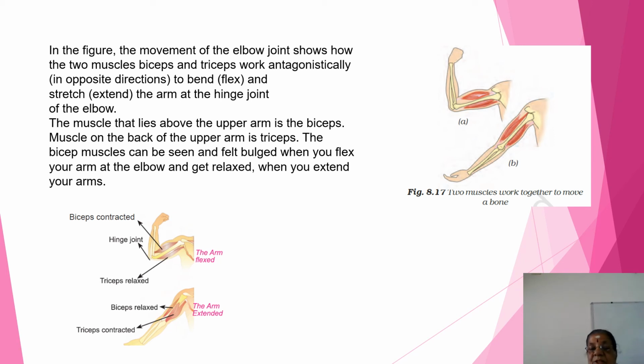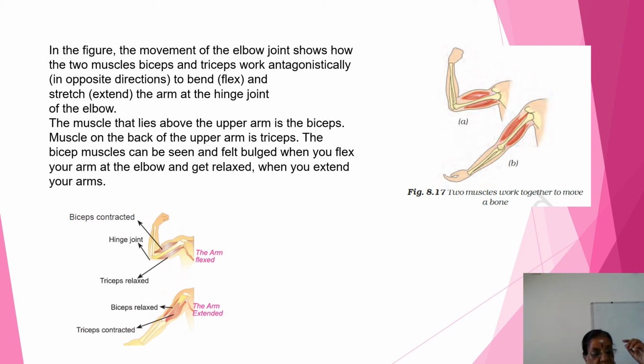I have told you, muscles are attached to the bones with the help of tissue called tendons. In our textbook, diagram 8.17 is given but with no labeling. So with this diagram labeling, please mark it in your textbook. 6th standard, I hope you are listening.